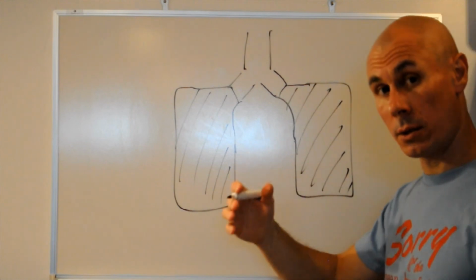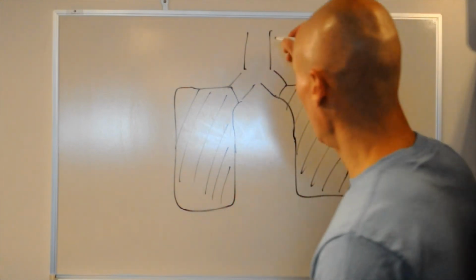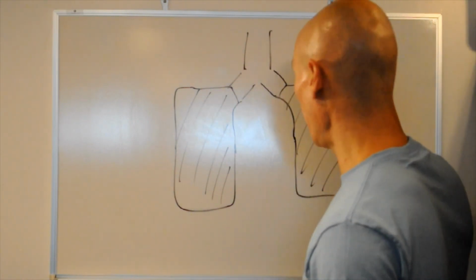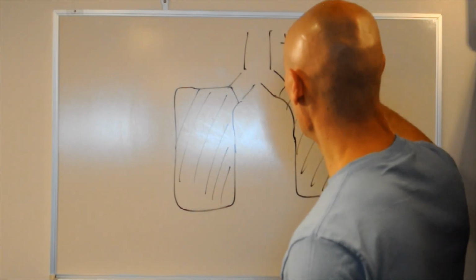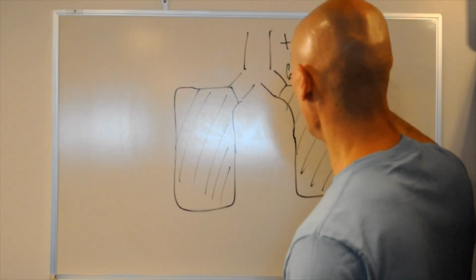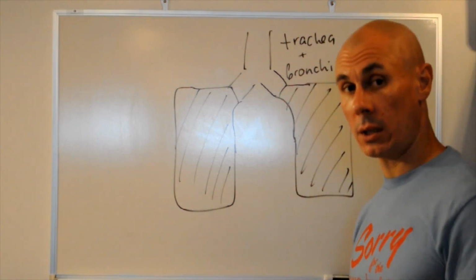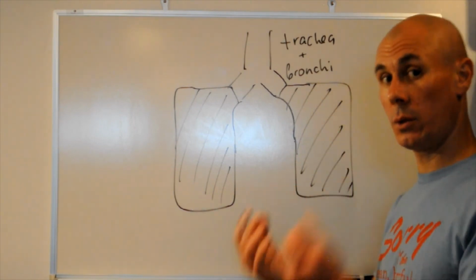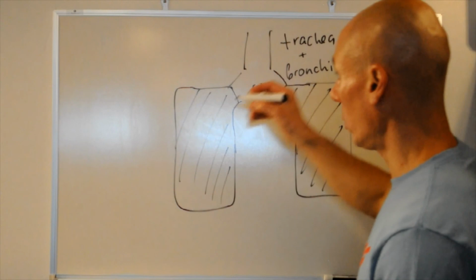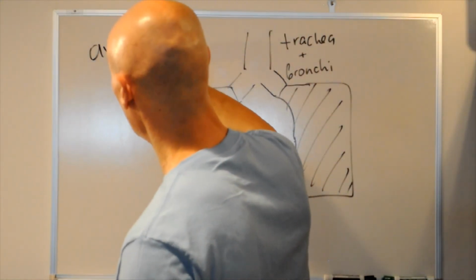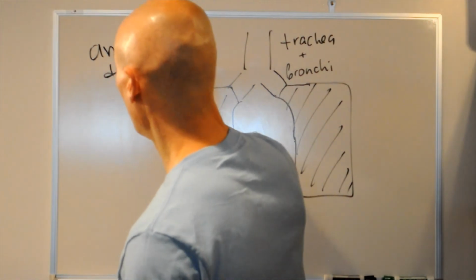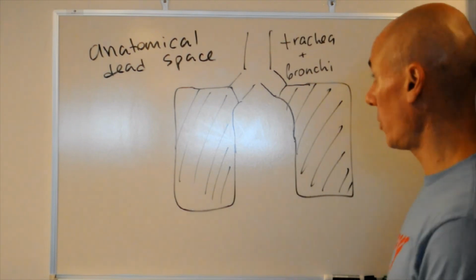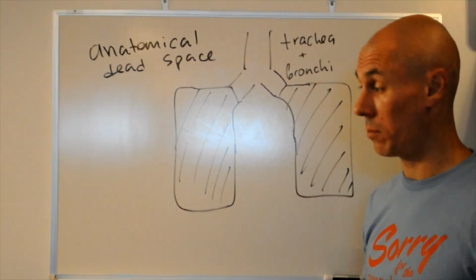But your conducting zone of the respiratory system, your trachea, your pharynx, all the bronchi, do not participate in the exchange of oxygen or CO2, but they still have to be filled with air. So this is called anatomical dead space. And it is constant for a person.